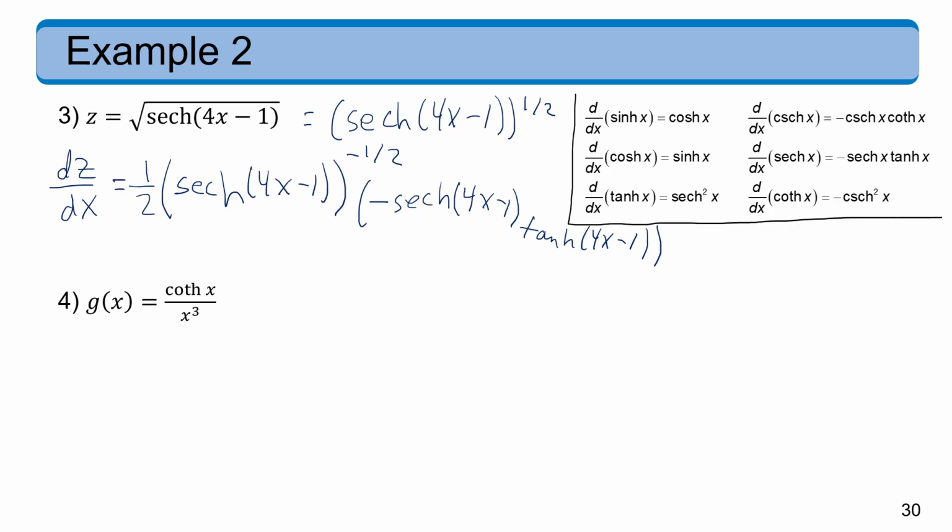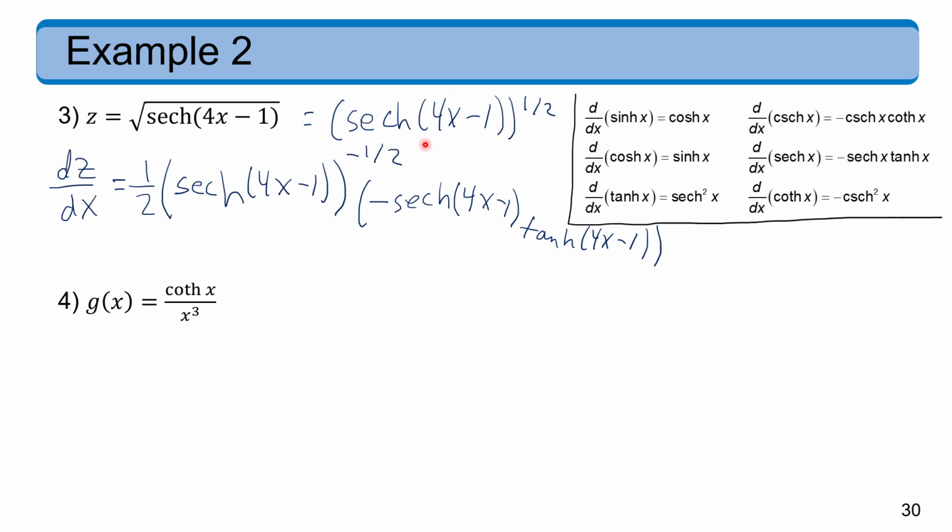Now let's keep track of where we were. We're doing a chain rule within the chain rule, right? We had the first composite function, the inside part was this whole hyperbolic secant of 4x minus 1. We were using the power rule, so you bring the 1/2 down in front, reduce the power by 1, we did that. Now we're multiplying by the derivative of the inside part.